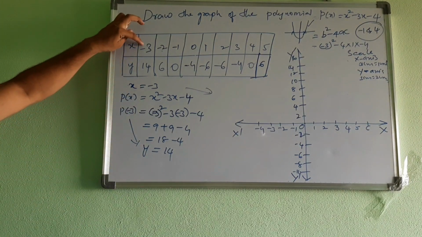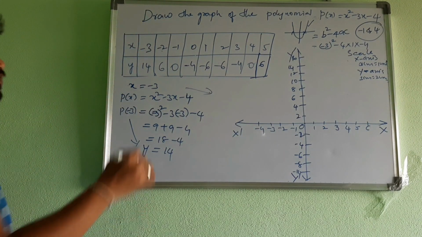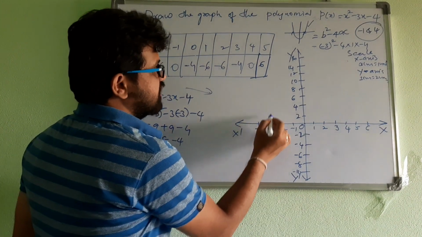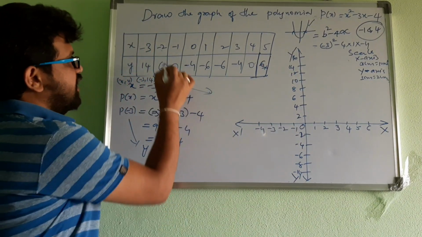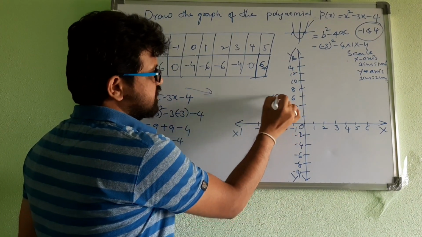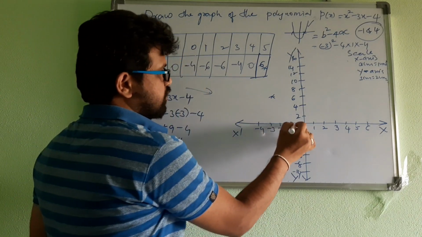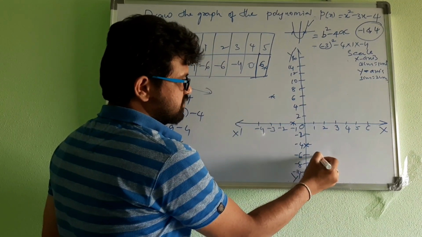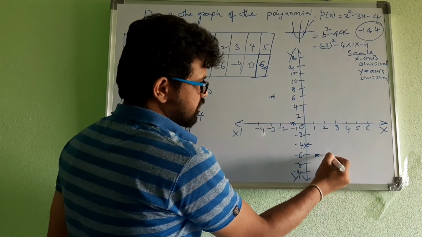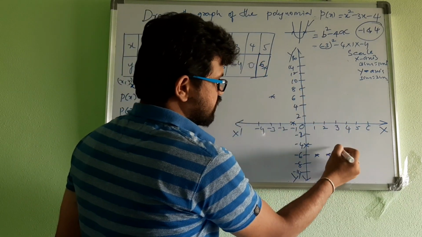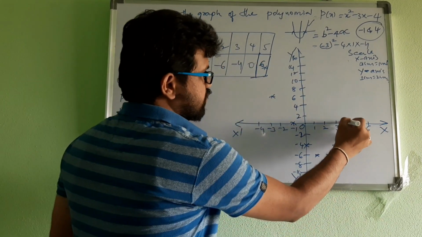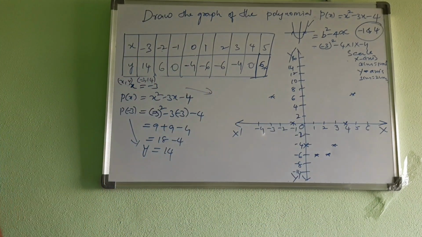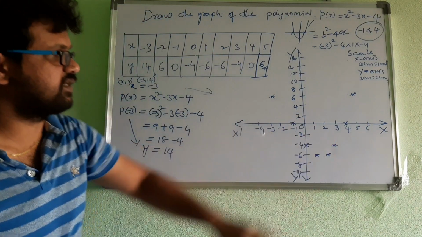Now first one is -3 comma 14. So -3 and 14 is here, -2 and 6 is here, -1 and 0 is here, 0 and -4, 1 and -6, 2 and -6, 3 and -4, 4 and 0, and 5 and 6. In order, you have to locate the points on the graph.